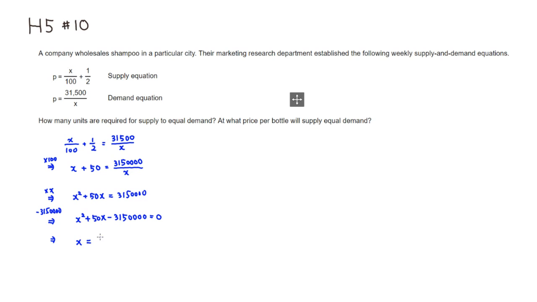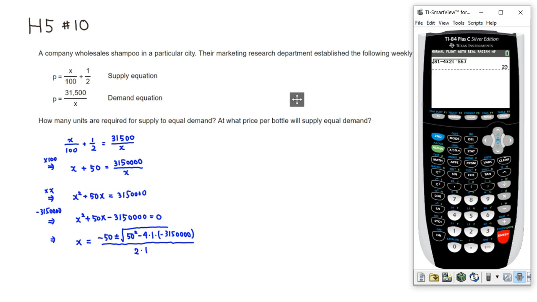So it's going to be negative b, which is 50, plus or minus the square root of 50 squared minus 4 times a, which is 1, times negative 3150000, all over 2 times 1.